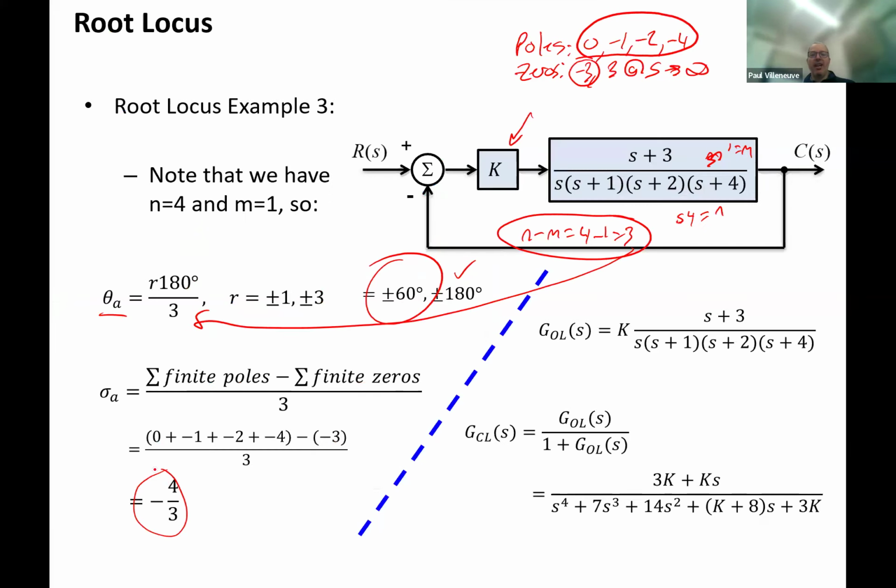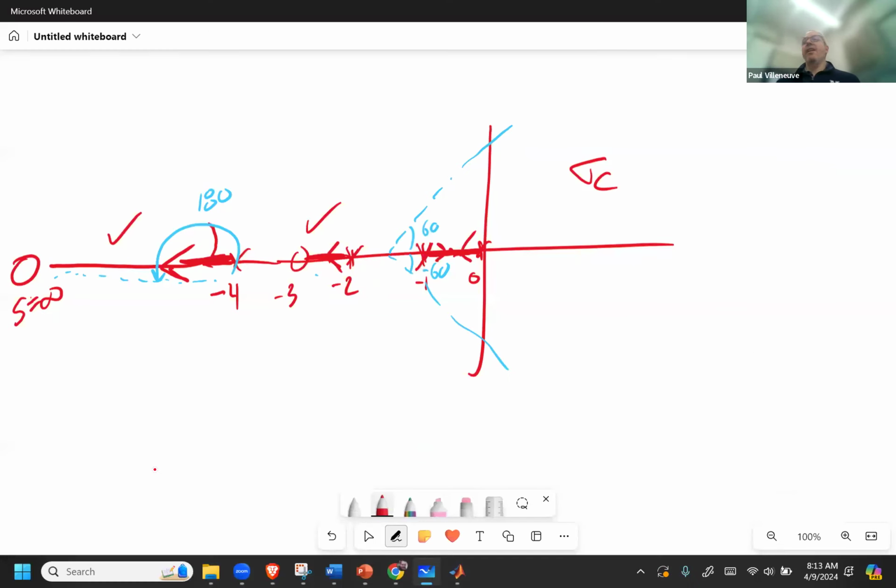But any questions on how to calculate or solve for this? Just basically laying it out. And what I've done is I've got all the real axis points for my root locus. I don't have anything outside the real axis, but I have all the real axis. And I also know where I'm going to terminate when S approaches infinity.